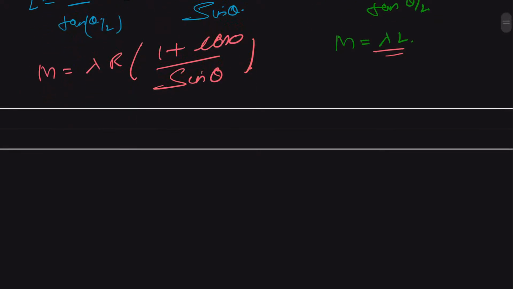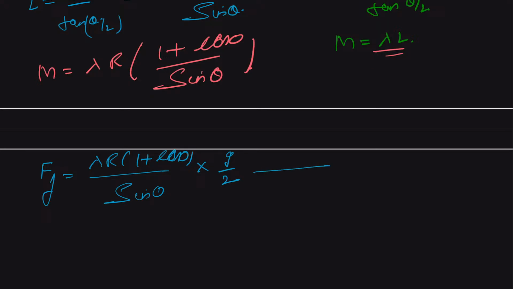Okay. Therefore we get that our frictional force will be equal to lambda R (1 plus cos theta) sine theta times g upon 2. We have this as sine theta cos theta and 1 plus cos theta, and this 1 plus cos theta, 1 plus cos theta, sine theta and sine theta cancel out.